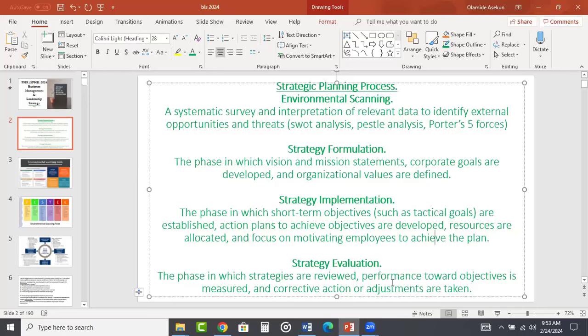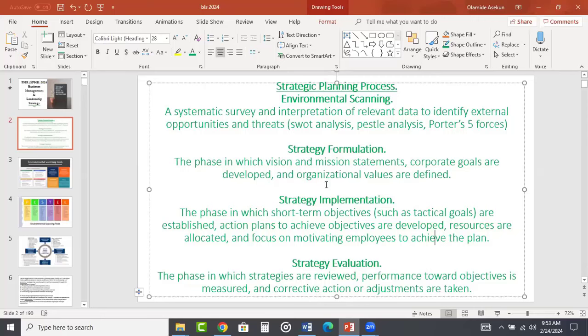AI is impacting every industry. And so there might be a need for adjustment as you begin to realize that AI is coming in different areas of the business or the functions. There might be adjustments even to the strategy that was planned, and that's why evaluation has to happen on a consistent basis.